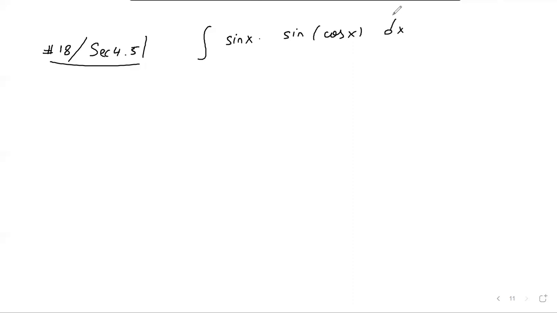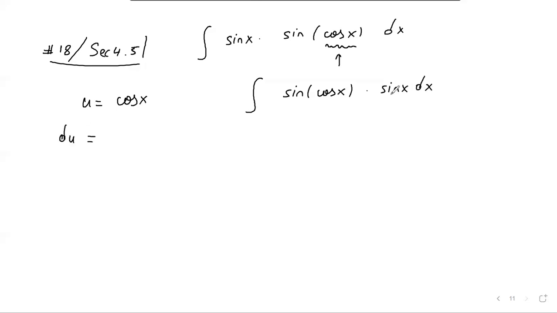This is a bit tricky here, but you can see that the argument of sine here, the second sine, is this guy. That's going to be your substitution. So u equals cosine x. You can rewrite this thing as the antiderivative of sine of cosine x times sine x dx. So there we go. So almost doing the problem here.